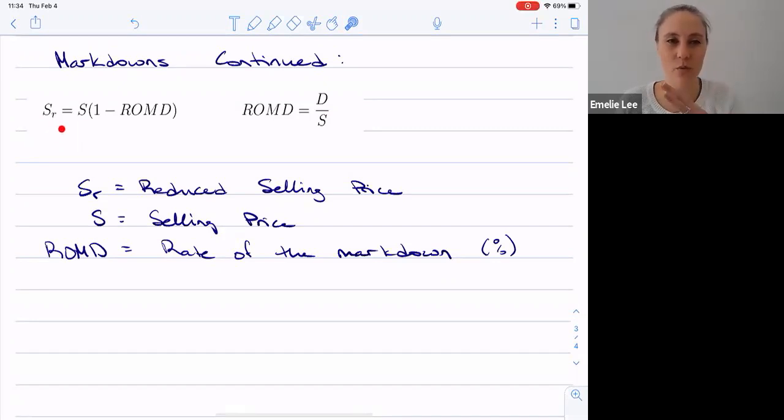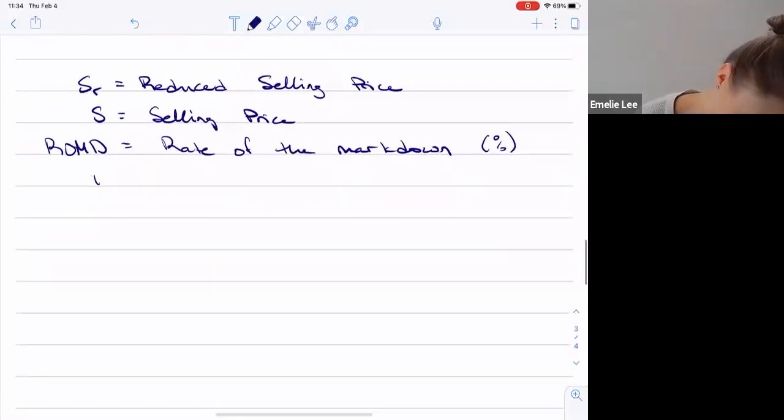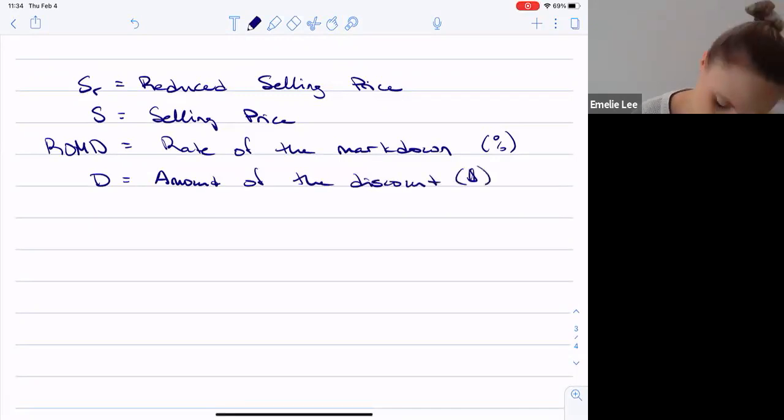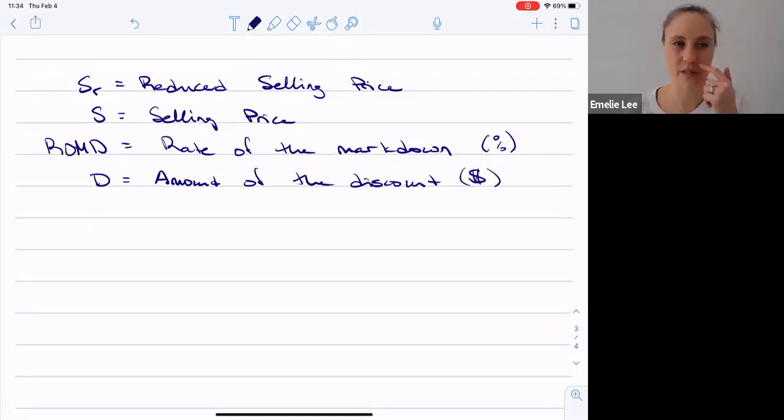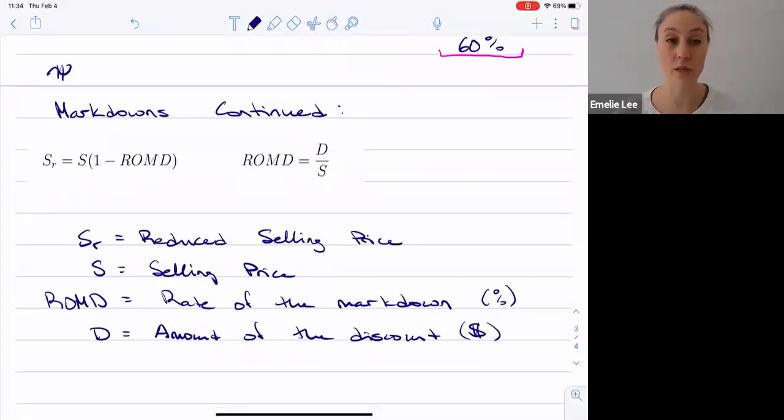So you can work with all of these. D is the amount of the discount, right? So it's the amount of the discount. And then S is, of course, the original selling price again. Okay.